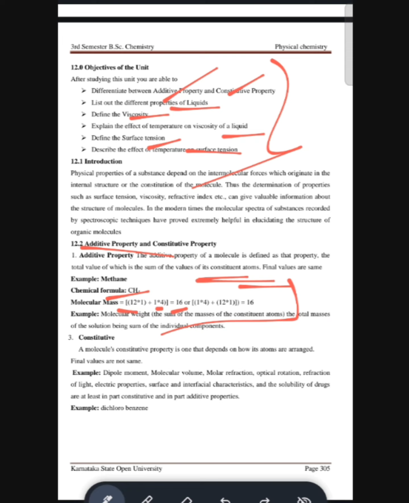Constitutive property of a molecule is one that depends on how its atoms are arranged, and final values are not the same. So in these constitutive properties, the atoms will be arranged differently and the final value will be different. Examples are dipole moment, molecular volume, molar refraction, optical rotation.